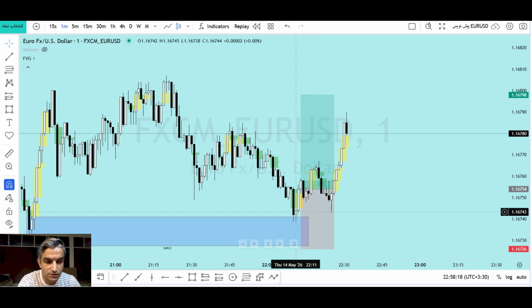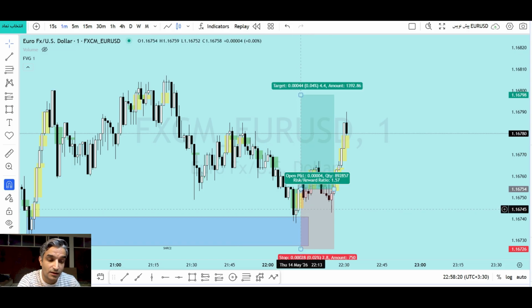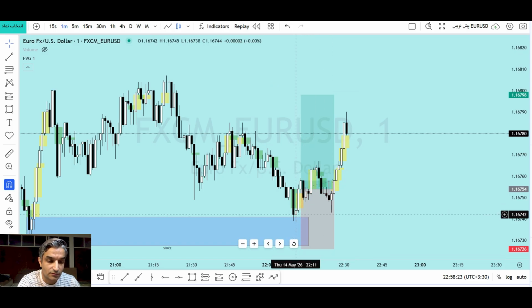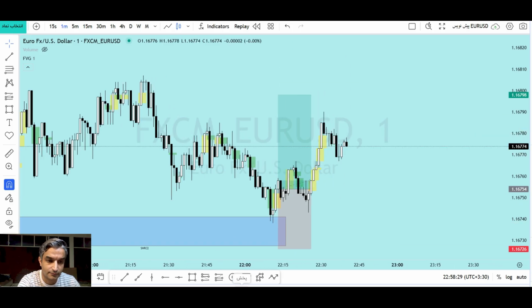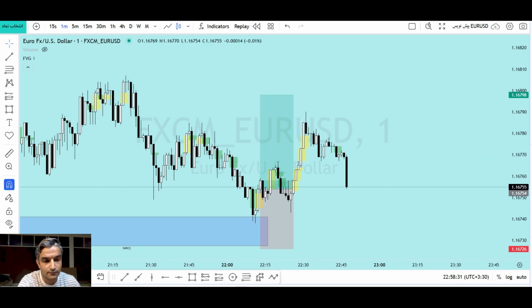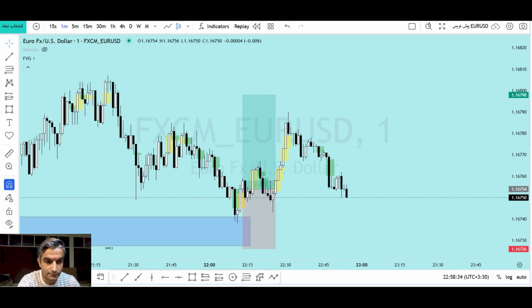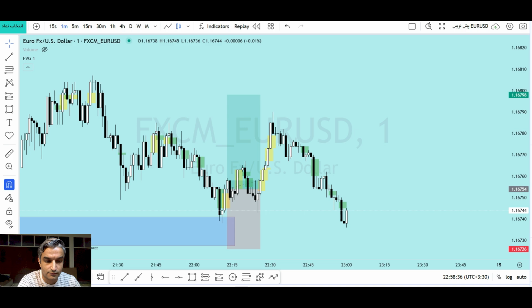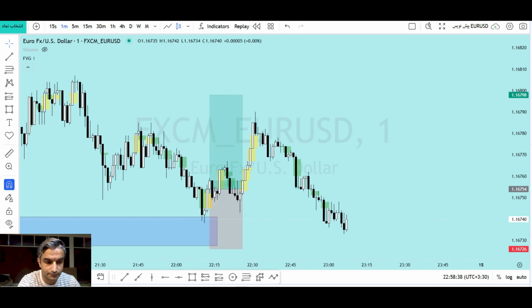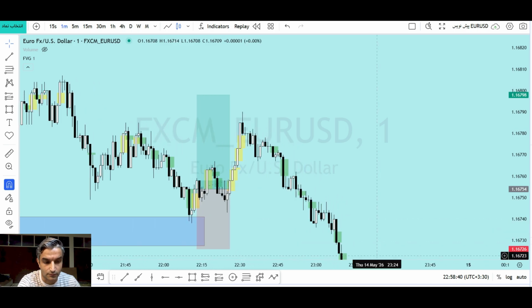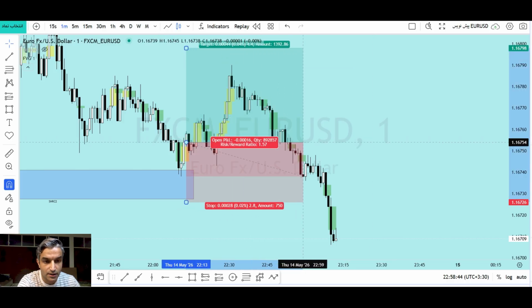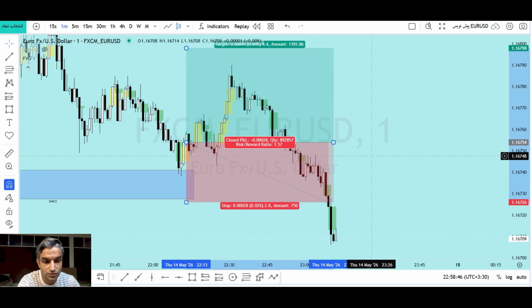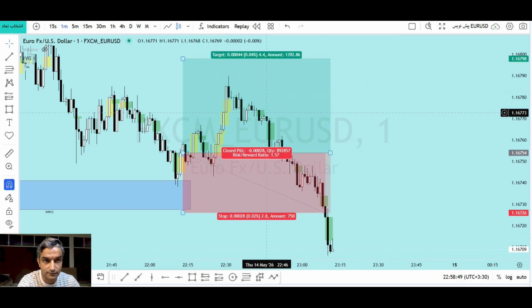Price again came back to this area and mitigated this block and goes up. As you see, it came back and didn't touch my target.